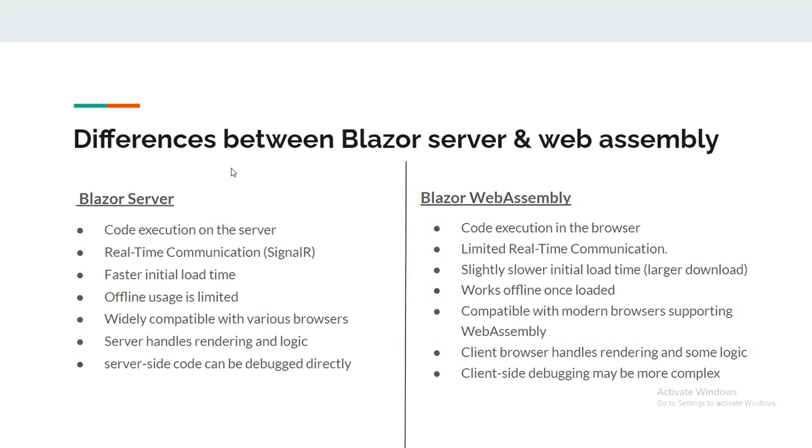Also, Blazor Server handles rendering and logic, whereas in Blazor WebAssembly, the client browser handles rendering and logic. In the case of debugging, server-side code can be debugged directly, but in WebAssembly, the debugging may be complex. So these are the differences between the two hosting models of Blazor, Blazor Server and WebAssembly.